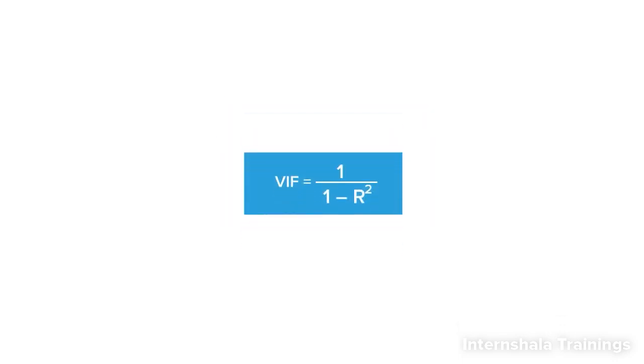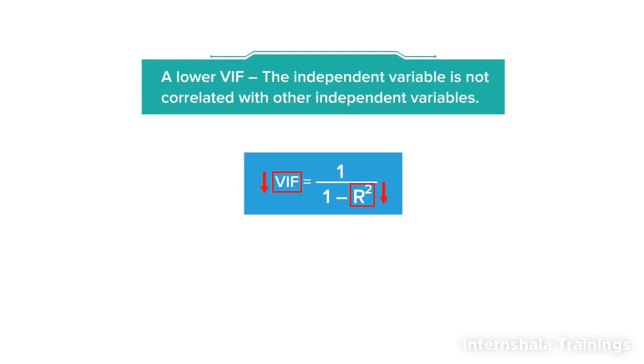Now that we have calculated the R-square score, we will calculate the VIF using the formula as shown on the screen. If you notice, the lower the R-square score is, the lower the VIF value is. A lower VIF means that the independent variable is truly independent and is not correlated with or explained by the other independent variables.